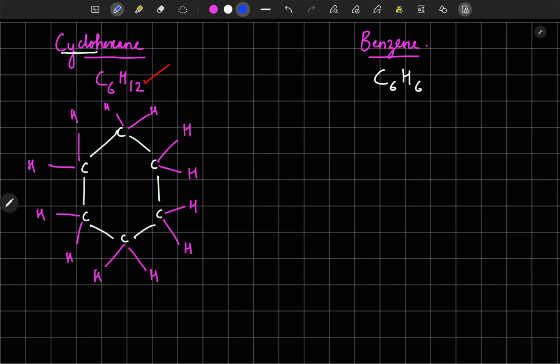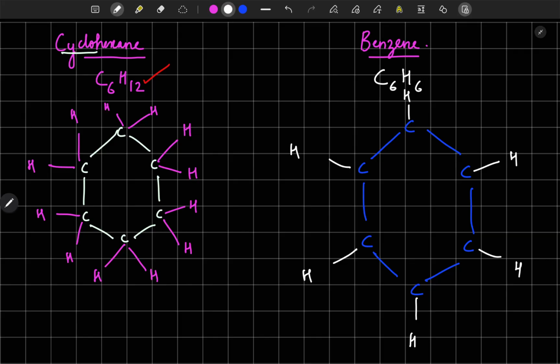There are 6 carbon atoms, so let us arrange these 6 carbon atoms in a ring-like structure and join them. Now there are only 6 hydrogens, so we can try to distribute them evenly. When we distribute them evenly, each carbon gets 1 hydrogen, like this.